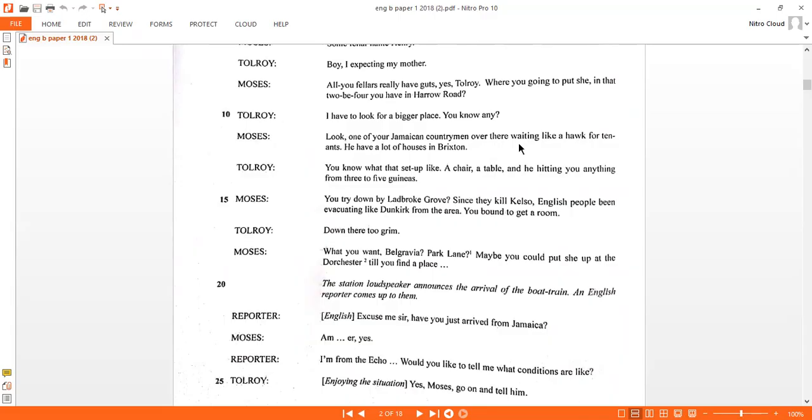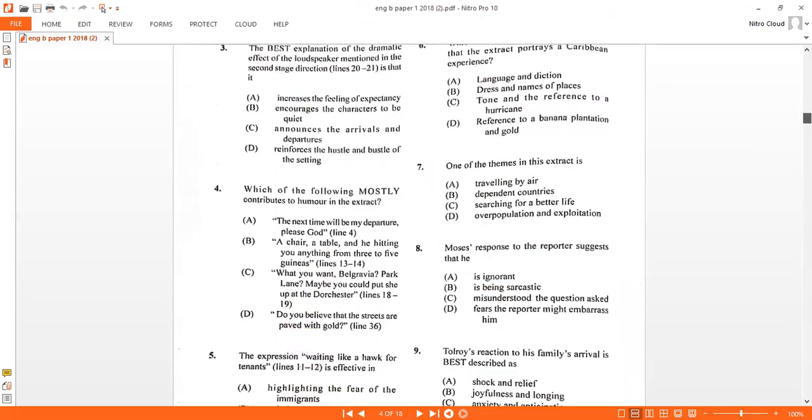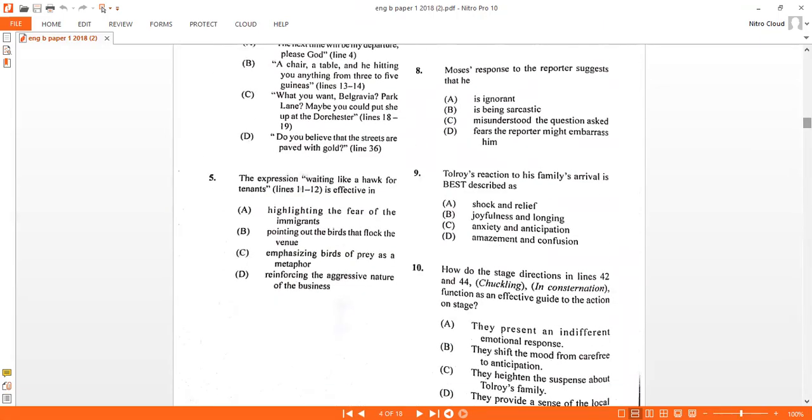The Jamaican countryman is standing at the boat train station waiting for tenants like a hawk, and we know that Telroy, like others, is looking for a place to stay. The boat train is coming in with persons who are coming into London, and there is a possibility that they will need somewhere to live. Now let us go back to the options given.